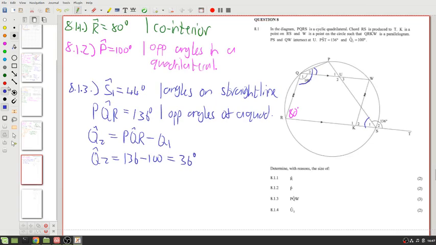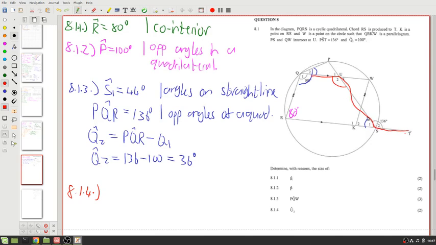So 8.1, the last one we'll do is 8.1.4. This says to calculate the value of angle U2, that one there. A couple of ways we can do this. I think the easiest way would be to use this idea.